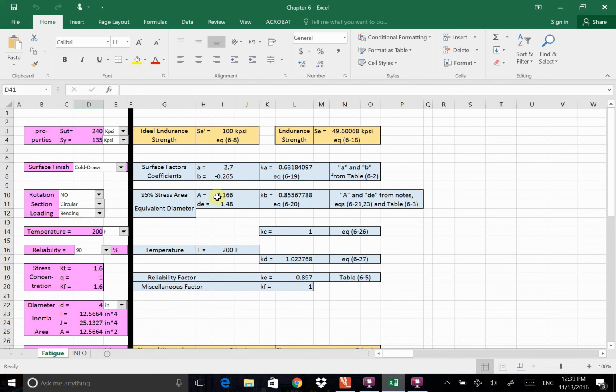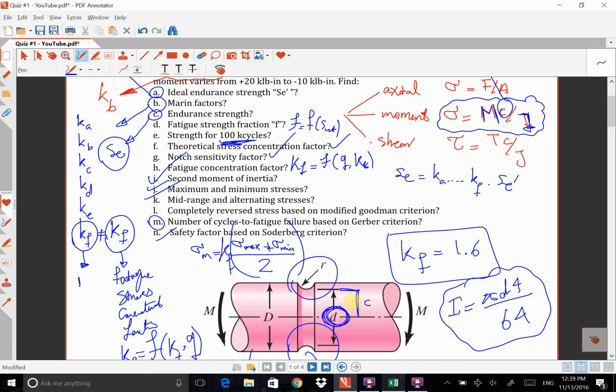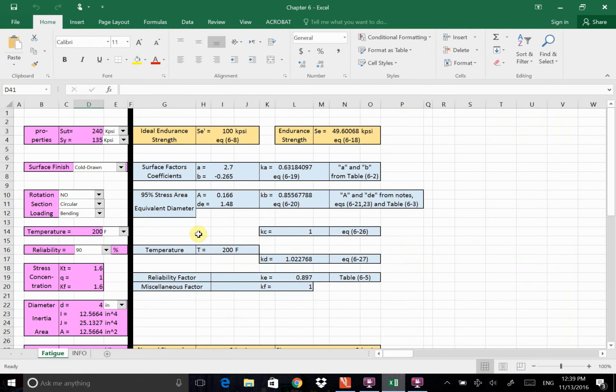Here you might have this question in your mind that should I use capital D or a small d? And this is this d and this is the other one. When I use small d here, I'm getting KB equal to 85%, almost 86%. If I use capital D 4.2, again I'm going to use 85%.